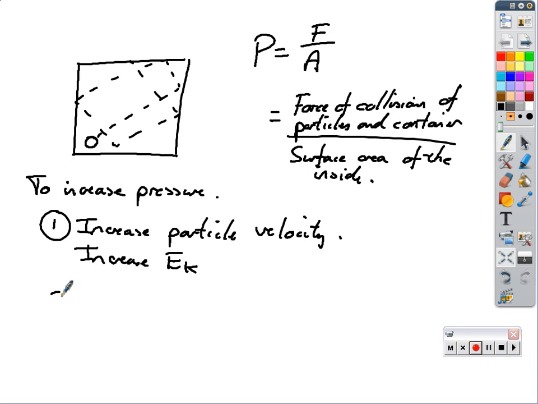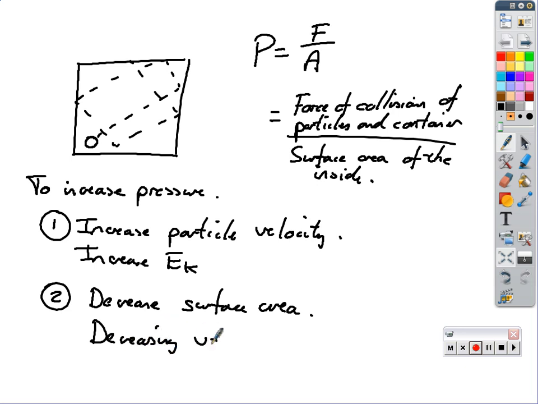Another thing we could do is to decrease the surface area, which is the same as decreasing volume. So, two things. I want to increase the EK or I want to decrease the volume.